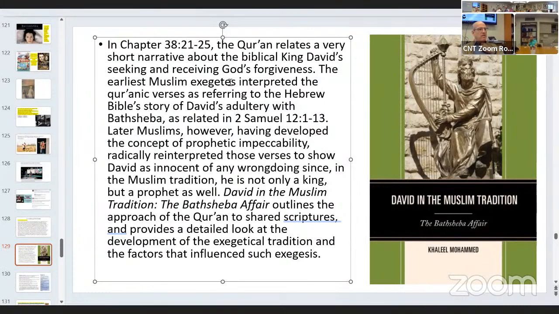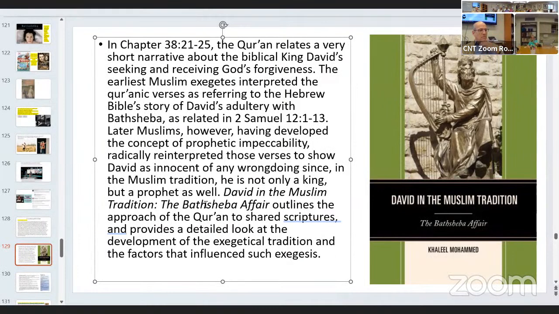The earliest Muslim exegetes interpreted Quranic verses as referring to the Hebrew Bible story of David's adultery with Bathsheba as related in Samuel 12, 1 to 13. Later Muslims, however, having developed the concept of prophetic impeccability, radically reinterpreted those verses to show David as innocent of any wrongdoing, since in the Muslim tradition, he's not only a king, but a prophet as well.